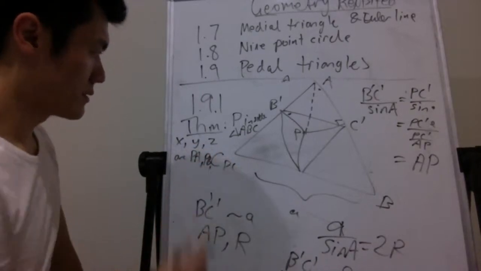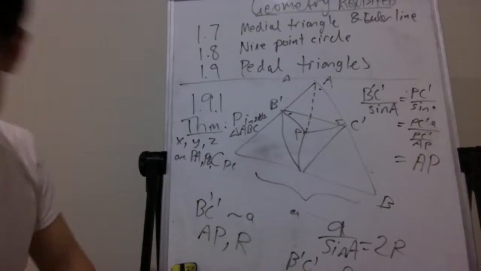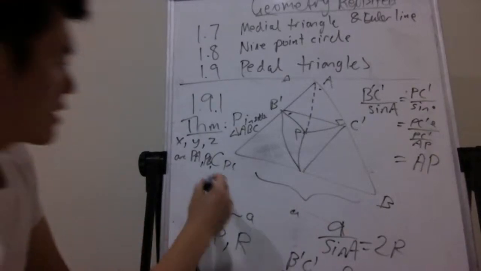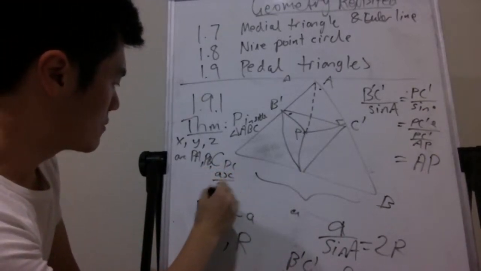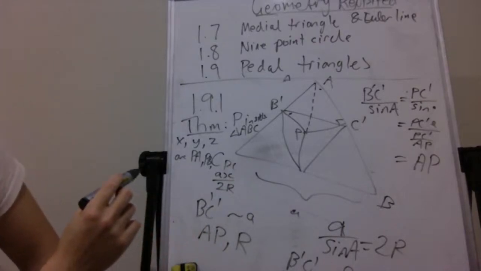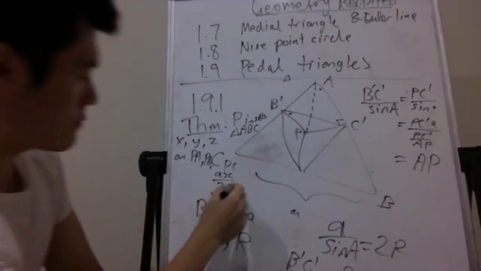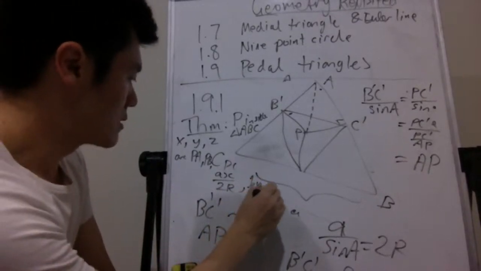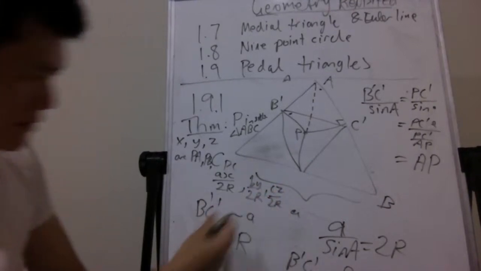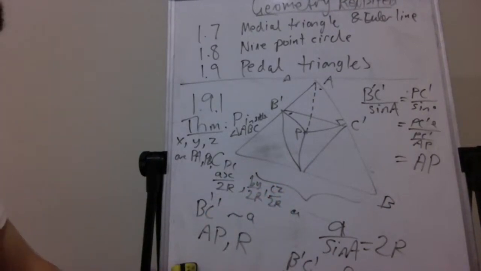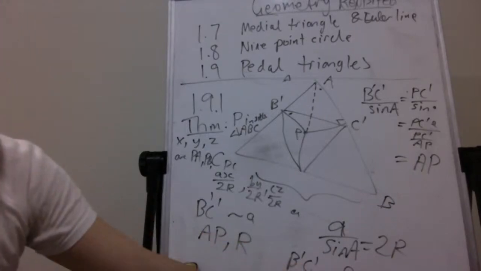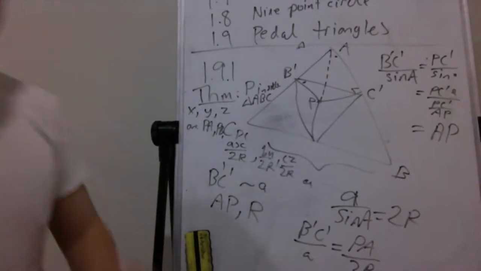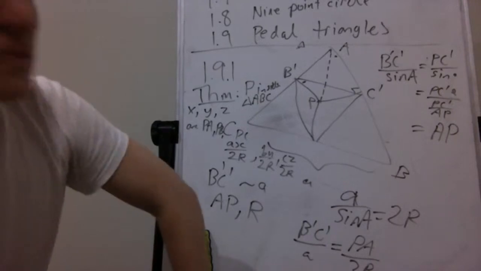Then the ratios of the sides are AX on 2R, BY on 2R, and CZ on 2R. They're the side lengths of the triangle, because that's a times X on 2R. Are we following?